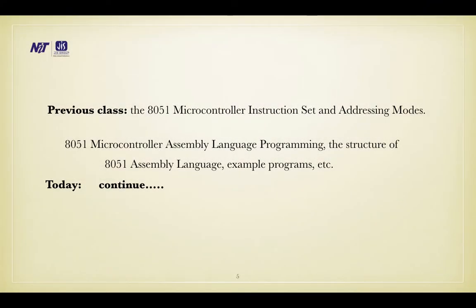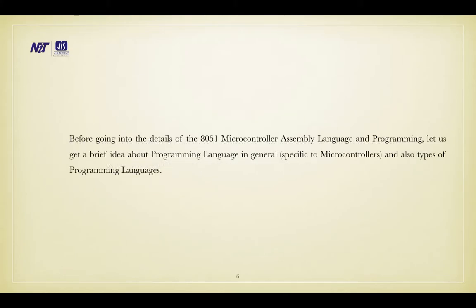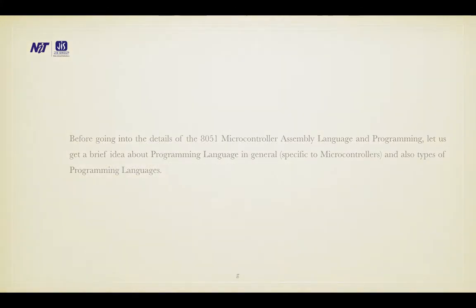In the previous class, we have studied the 8051 microcontroller instruction set, addressing modes, along with assembly language programming structure of 8051 and assembly language examples. This is a continuation of the previous class.